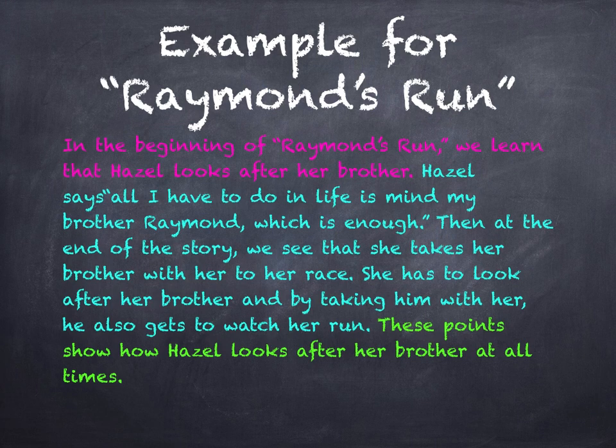And I chose to add in this extra sentence that says she has to look after her brother, and by taking him with her, he also gets to watch her run, because that just helped explain the sentence before it a little bit better. And plus, that kind of ties in with another point that I had chosen to use in our examples that we were creating. So you can do things like that as well, but make sure that your examples still focus on your topic sentence.